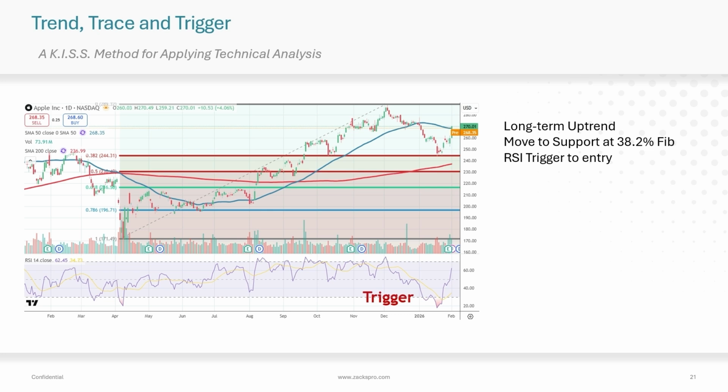So in this case, I drew the move from the April lows to the highs, and our 38.2% retracement was spot on as the RSI got oversold. And you see that once, twice, three times it bounces at that 38.2. RSI trigger says go long and strong. Textbook example of a perfect trend, trace, and trigger trade.